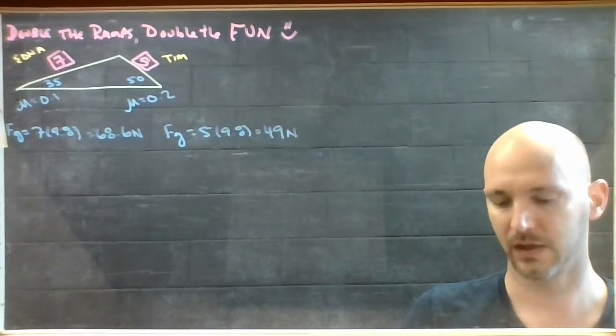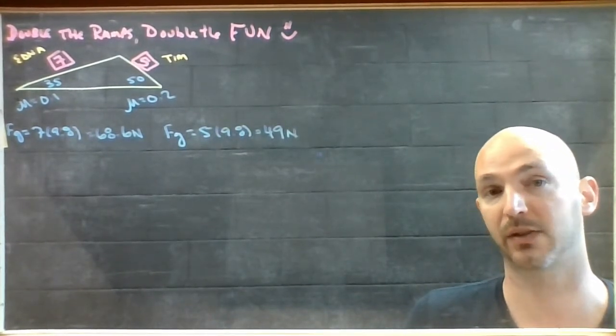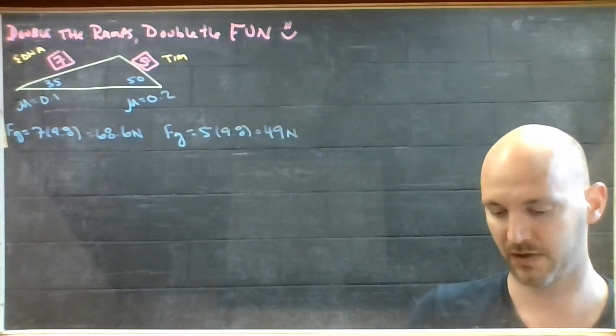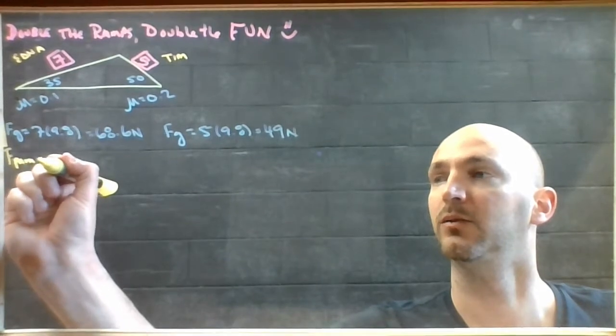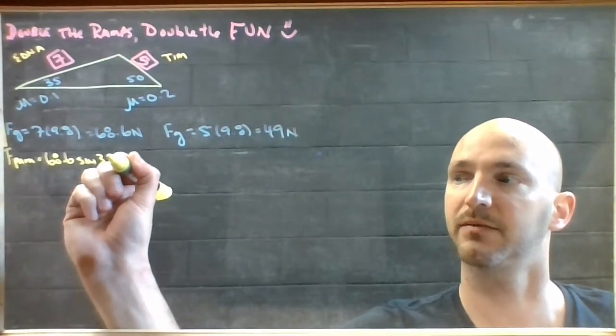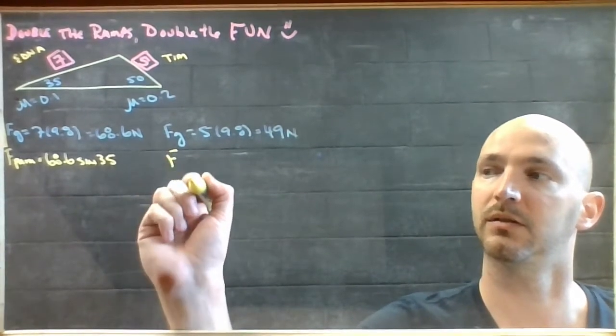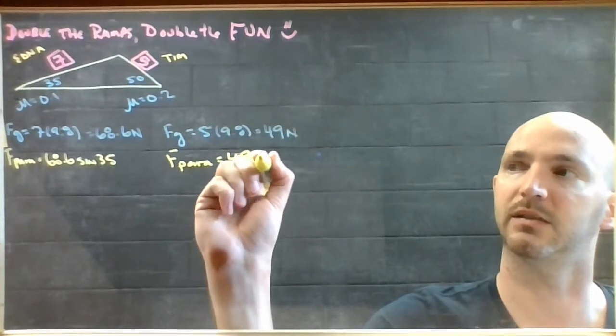We're going to have to break it up into components that are parallel to the ramp and perpendicular to the ramp. Parallel will be the full gravity sine 35, and full gravity sine 50.